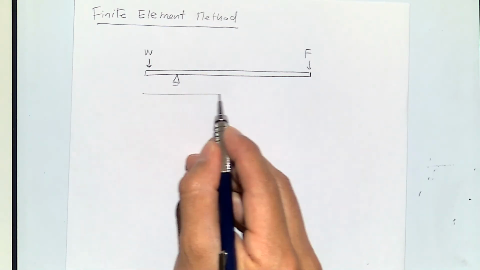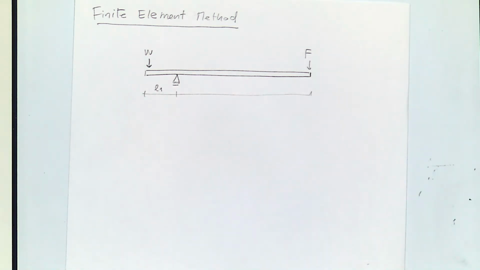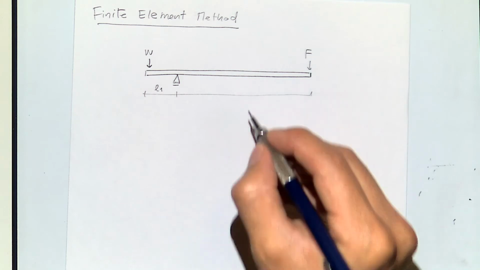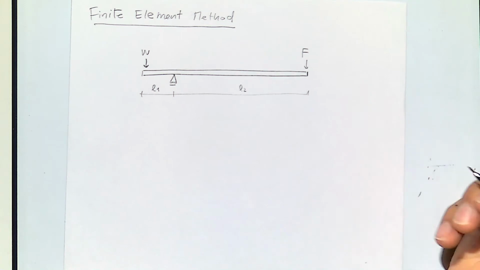And let's say the length to the weight is L1 from the point of support, and the length to the point of the force is L2. So what is the force?